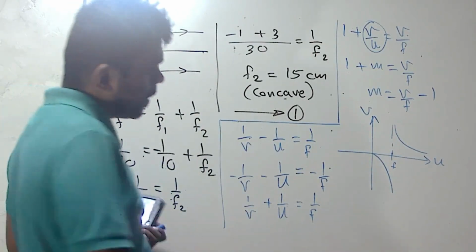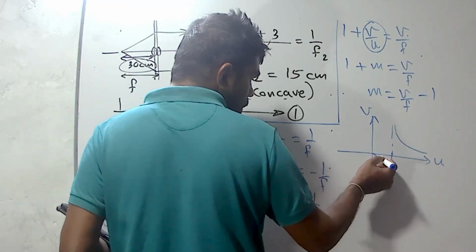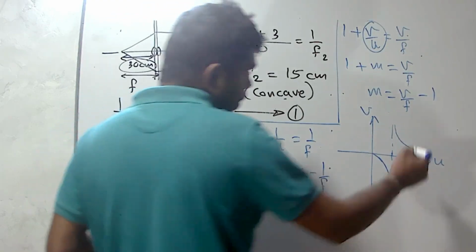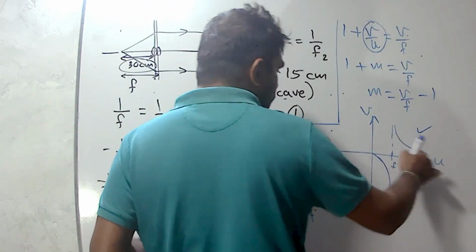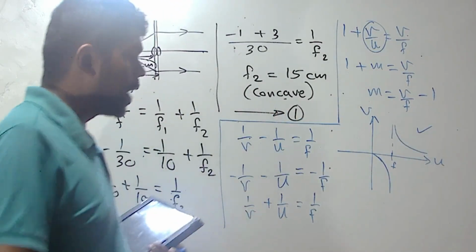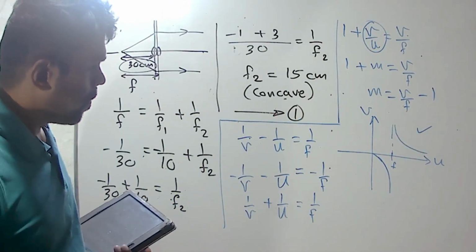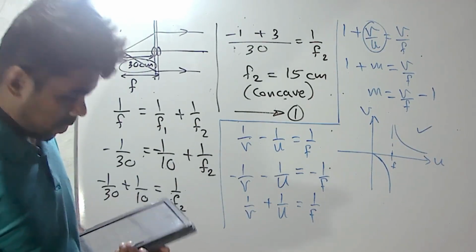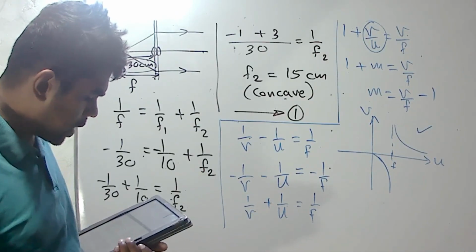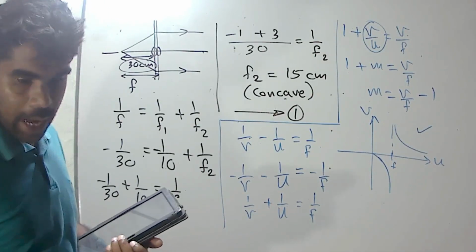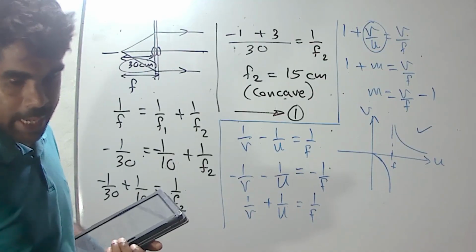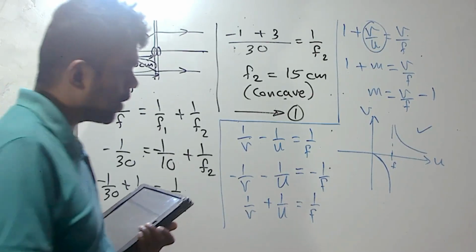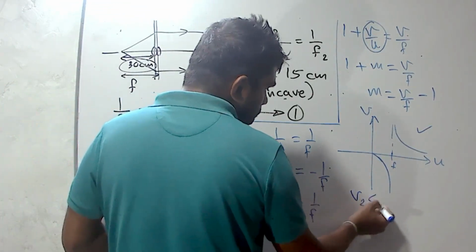Now we have to get the VU curve for the real images. Therefore, it should be this side. We have to get this shape. Now consider when f is decreasing. For the second situation, the f2 value is less than f1. Therefore, v2 should be less than v1.